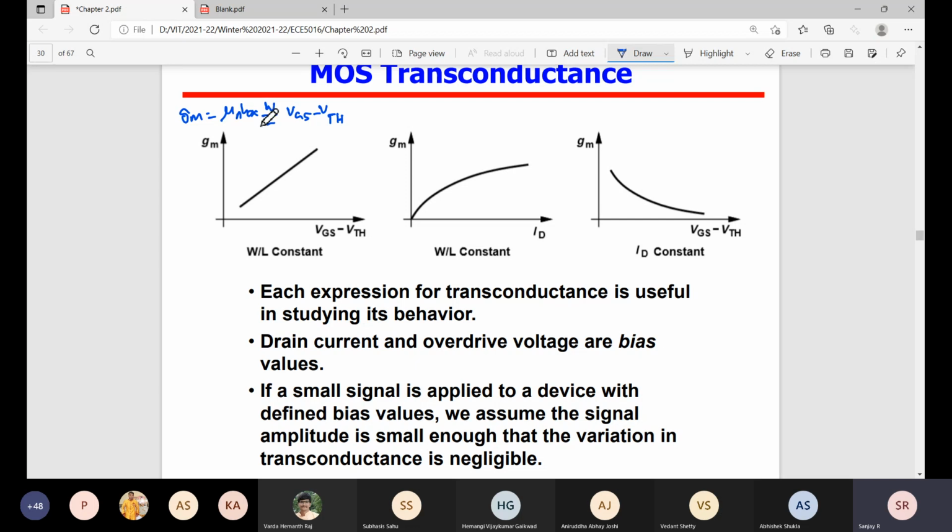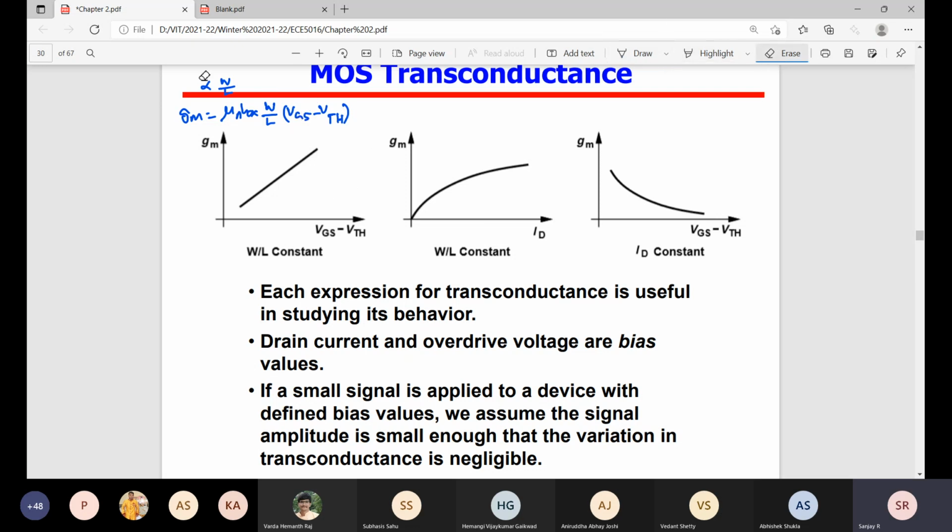W by L we can size the transistor. So we can take VGS minus VT as a variable. It's a linear expression, because there is no quadratic term here. So it's proportional to W by L for fixed VGS minus VT.